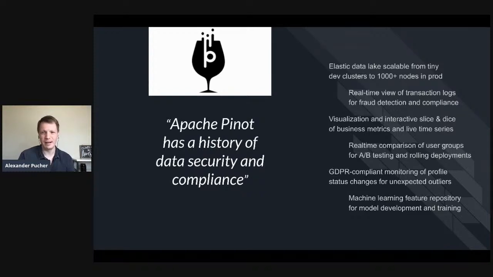It's being deployed widely by Uber. There's a couple of larger fintechs that also use this, both for visualization use cases. There's, again, A/B testing platforms built on top of this. And there was quite a bit of legwork put in by dozens of developers to actually make it work in GDPR compliant and other environments that have data security and compliance needs.